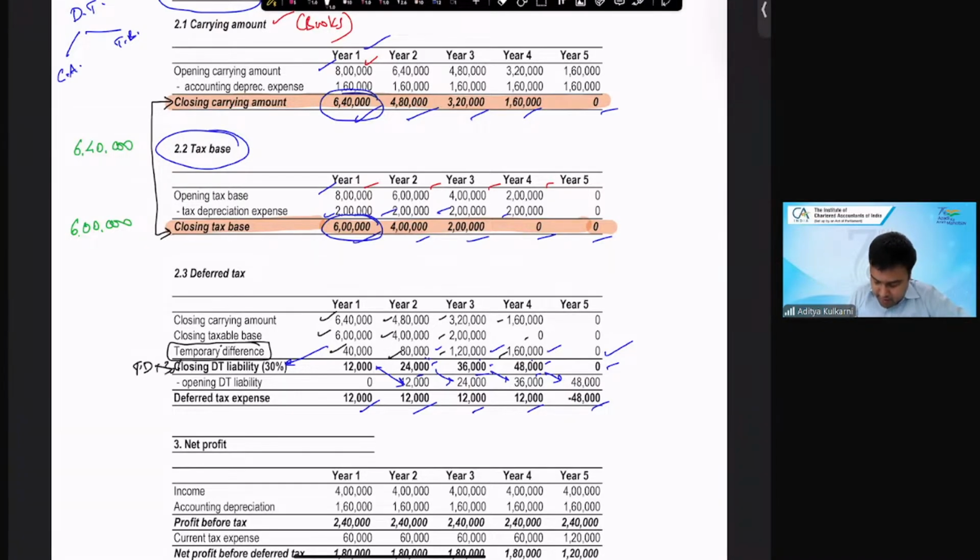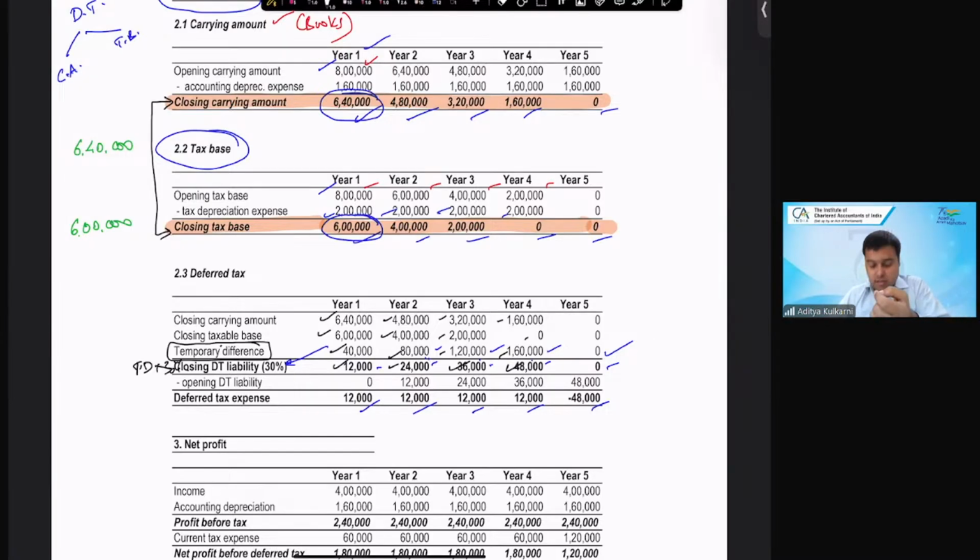So 40,000 into 30% gives you 12,000. 80,000 into 30% gives you 24,000. 1 lakh 20 into 30% gives you 36,000. 1 lakh 60 into 30% gives you 48,000.